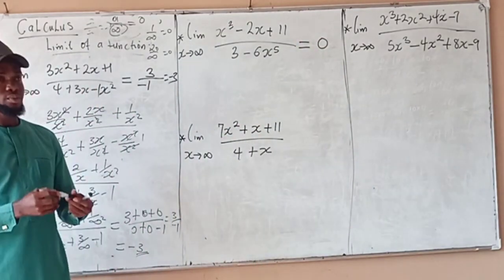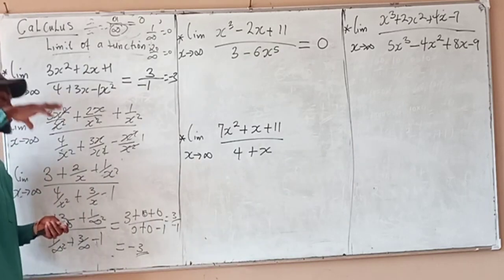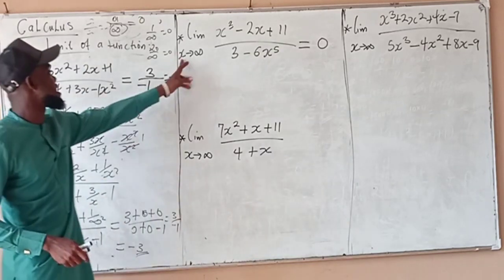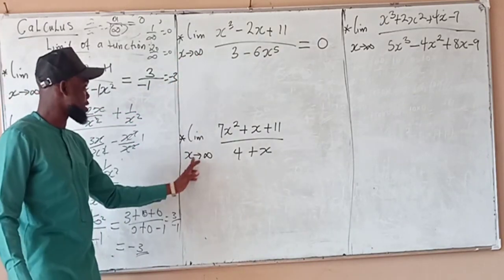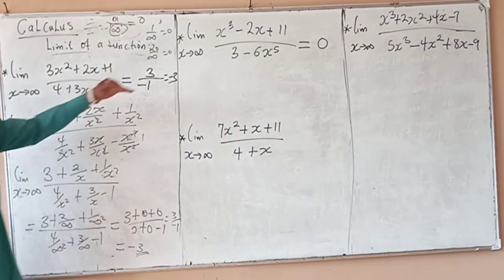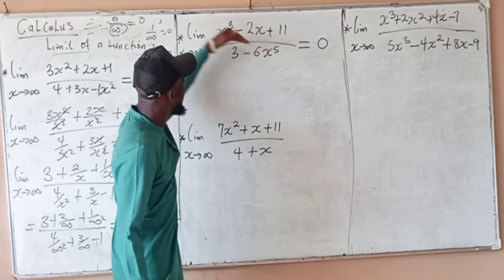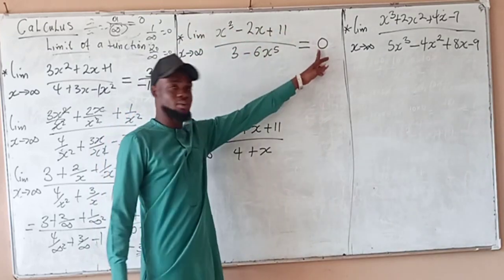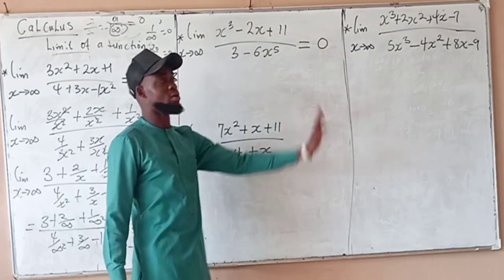I repeat, as s approaches infinity, if the power of the denominator is higher than the numerator, the answer becomes 0. Take note of that.